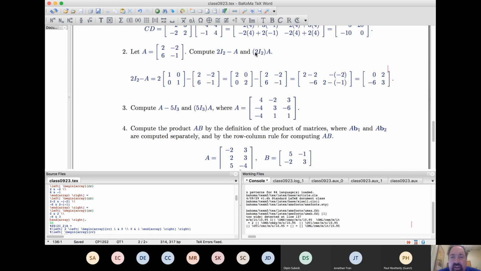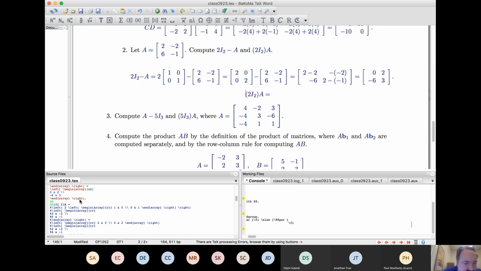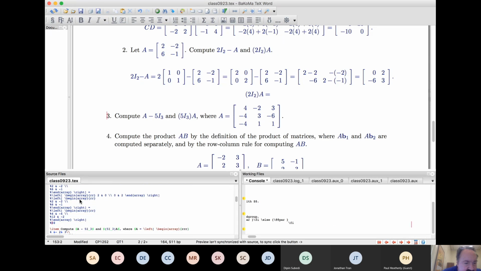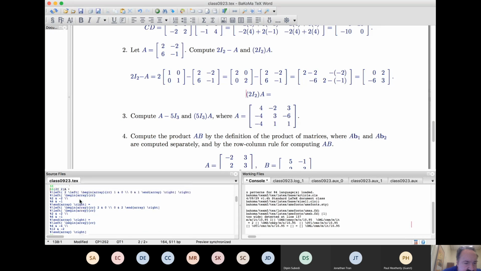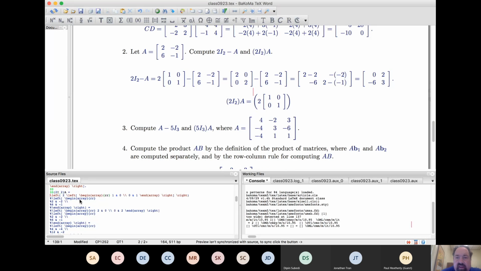Now, the other operation is 2 times the identity multiplied by A. Here we have identity matrix again multiplied by 2, and all of that is multiplied by A. So then here we carry out the multiplication by the scalar 2.